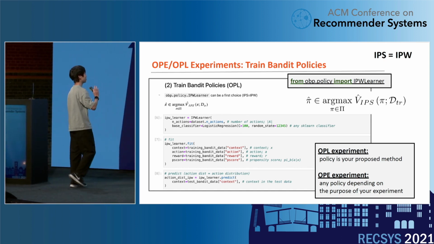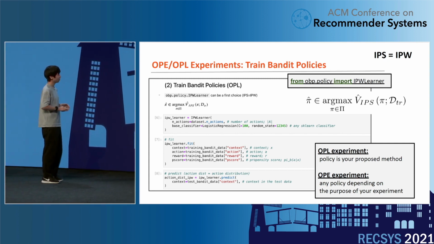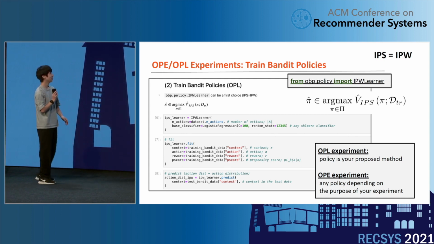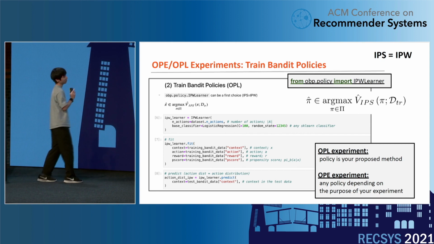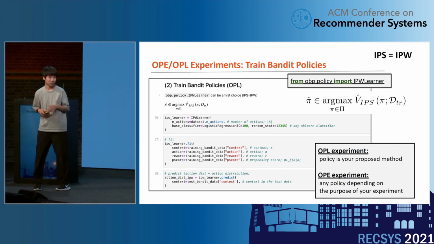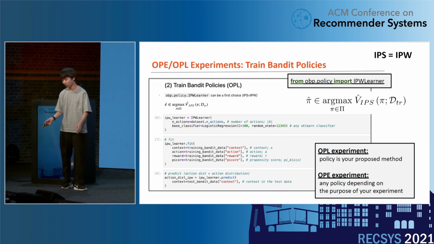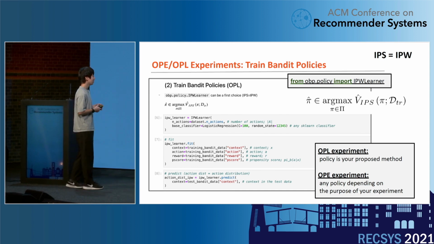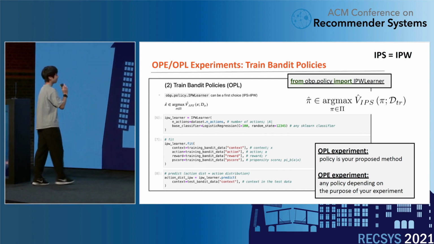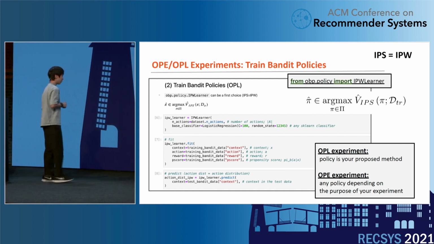But now you can do it very simply because we have this package. This is the IPW learner, and what you have to do is choose your favorite scikit-learn classifier. I'm now using logistic regression, which is, I think, the fastest and very easy to use, but you can also use your favorite ones such as random forest, support vector machines, or gradient boosting. Right after defining the policy learner, we just fit and predict the new decision.